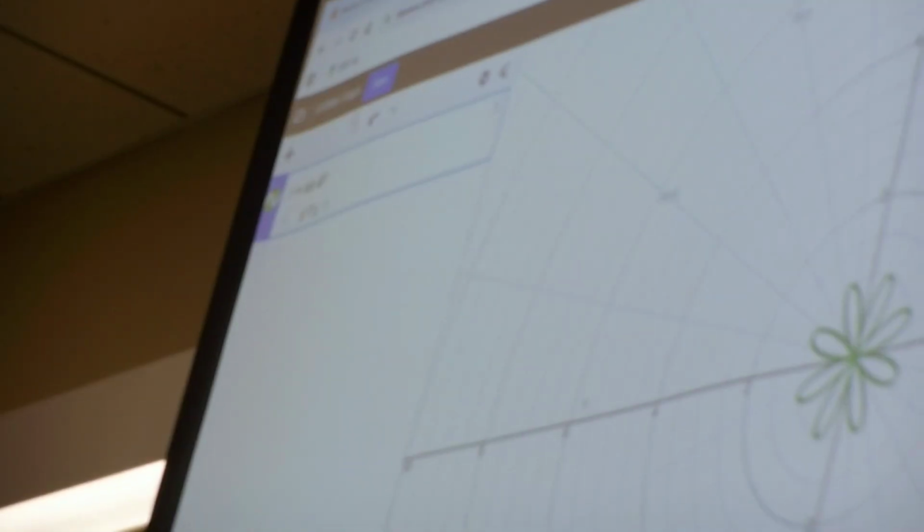If you put a 4 in there, you get 8 petals. So with sine, if the coefficient of theta is odd, that is the number of petals. If the coefficient of theta is even, it's twice that many petals. If I put 5 in there, you got 5 petals. If I put 10 in there, you got 20 petals. Got it?